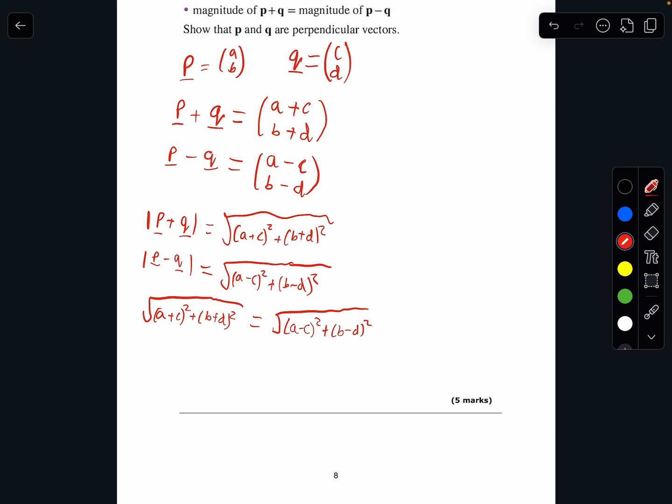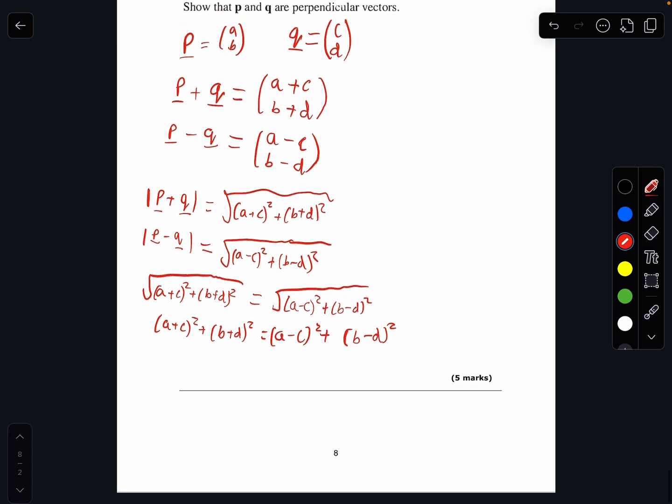Once you get to this point, it is just chugging through algebra. I'm going to square both sides to get rid of the square root. A plus C squared plus B plus D squared is equal to A minus C squared plus B minus D squared. Now just expand the brackets.